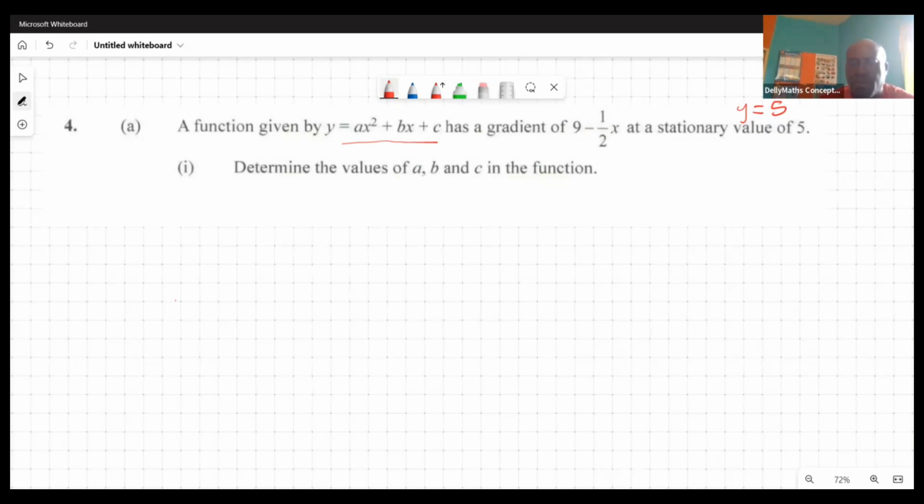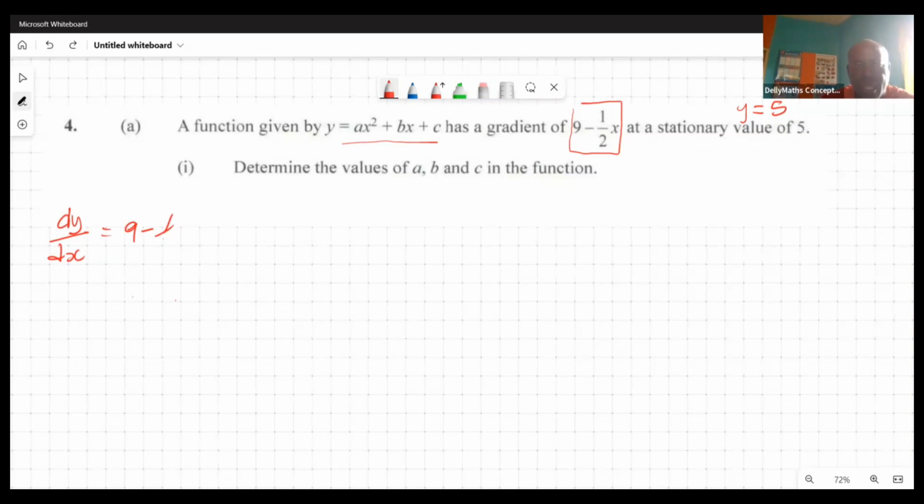There is more than one approach. We could equate coefficients here, or we could integrate the gradient, because this is dy dx. Whenever we get the gradient function, we actually have dy dx, which is 9 minus half x.